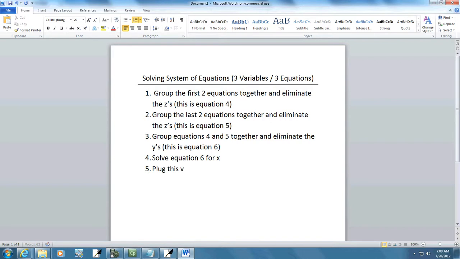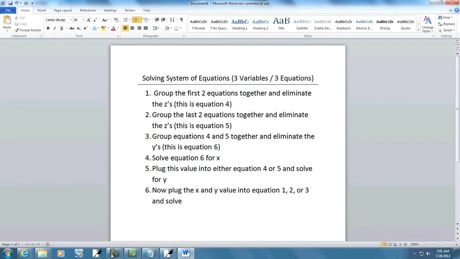Step 5: plug this value into either equation 4 or 5 and solve for y, whichever one looks easier to you. Now plug the x and y value into equation 1, 2, or 3 and solve for z.